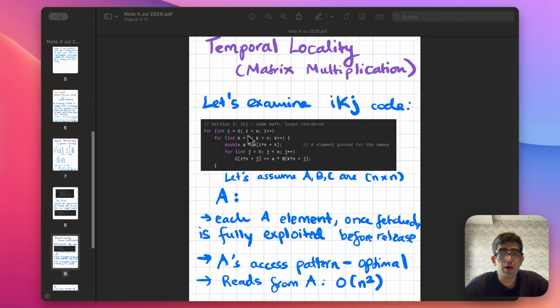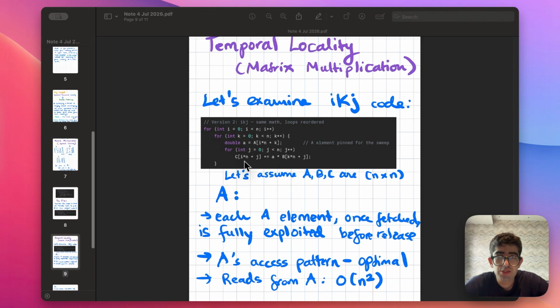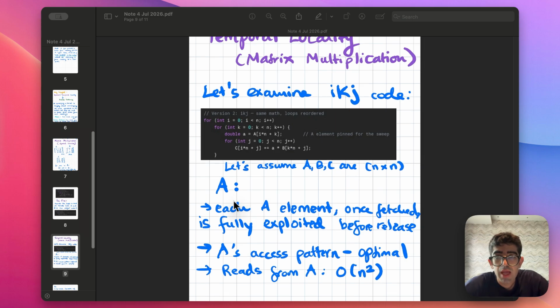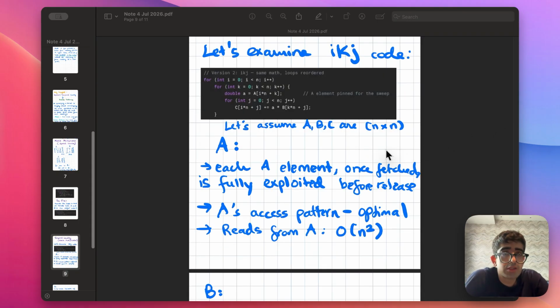So here is the currently most optimal code, which has been optimized for spatial locality. Let's also assume that A, B, and C are n by n matrices just for simplicity. Let's take a look at the access patterns for matrix A. The access patterns for matrix A are already quite effective and optimal with regards to temporal locality.